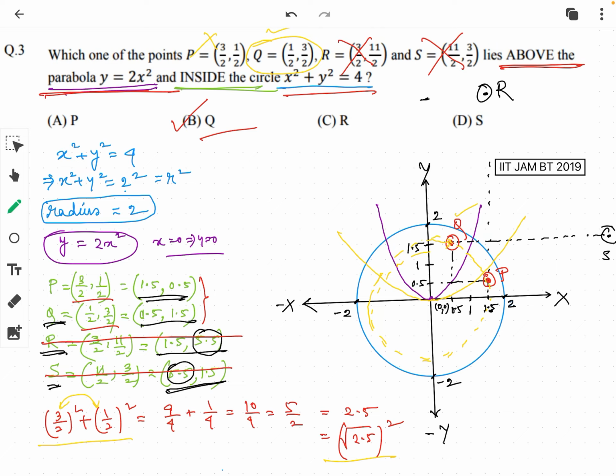So this is a circle which has radius root over 2.5, and P and Q both fall on the same circle, whose radius root over 2.5 is less than 2. From there you can see that Q would be above the parabola and P would be below the parabola. So Q is again our final answer, that is option B.